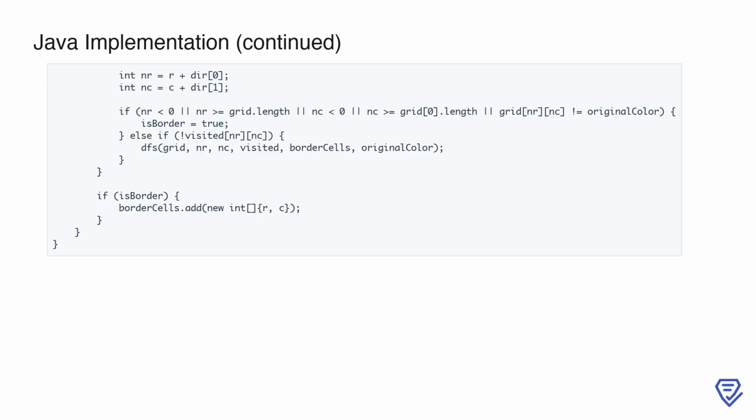If the new position is out of bounds or not part of the original connected component, we set isBorder to true. Otherwise, if the cell hasn't been visited yet, we recursively call DFS on the neighboring cell. After exploring all directions, if isBorder remains true, we add the current cell to the border cells list, indicating that it is part of the border.